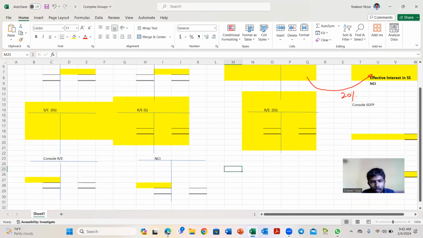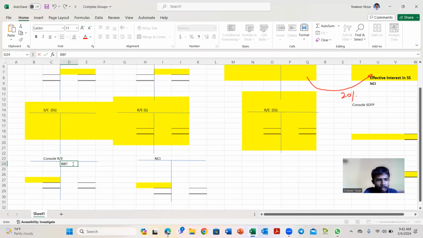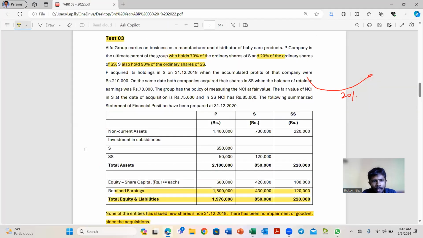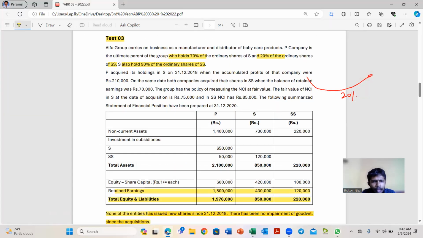Firstly, I will put the consolidated retained earnings, balance brought forward 1.5 million. That is done. And the subsidiary retained earnings 430,000, and the other subsidiary retained earnings is, I think, 120,000.